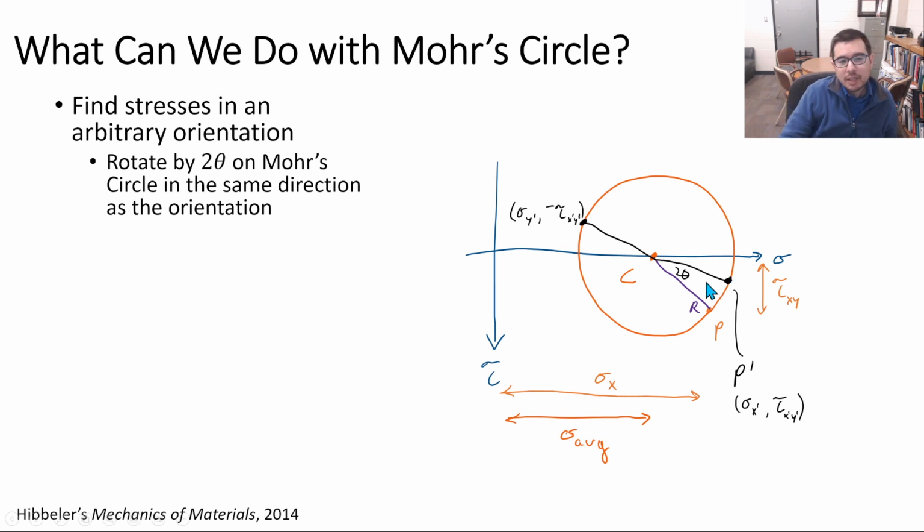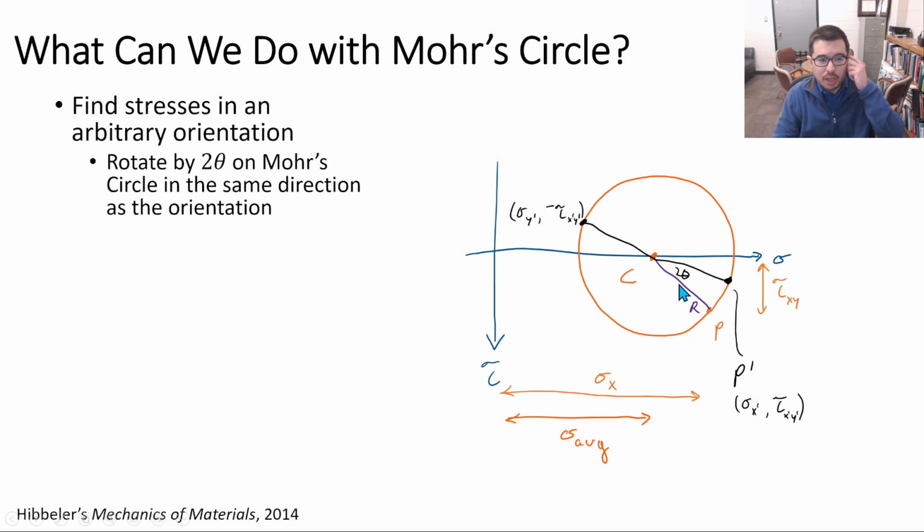Look, 2 times 90 degrees is 180 degrees. Now, this may not look like it, but this is supposed to be a straight line coming across here. This is supposed to be 180 degrees on the other side of Mohr's circle from P, or this point over here is 180 degrees from P prime.